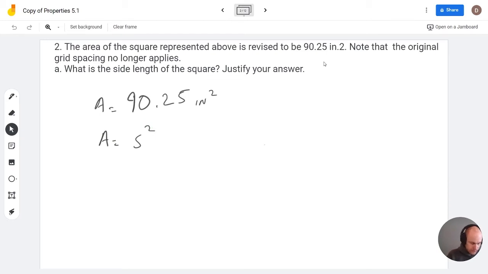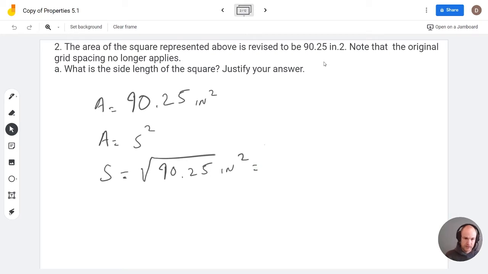So we can rearrange this formula where side equals the square root of the area. So we'll take that 90.25 inches squared, and we will make it into the answer.